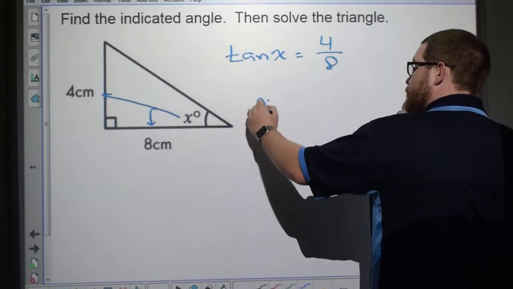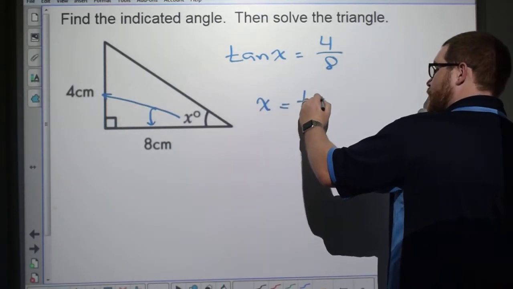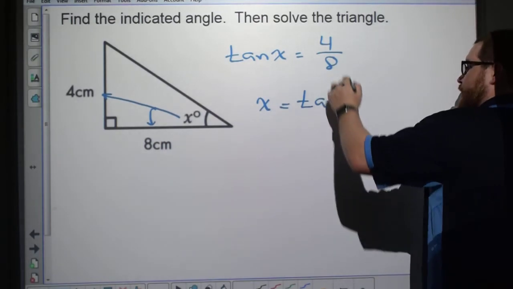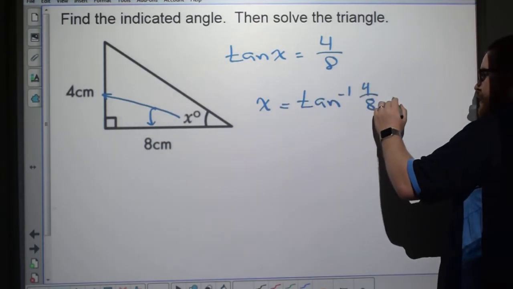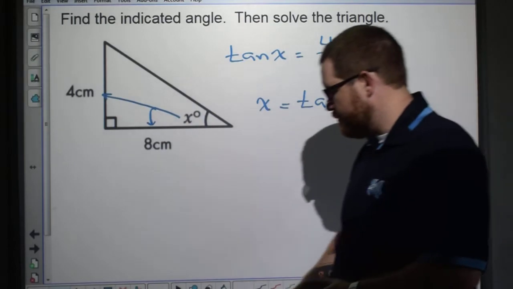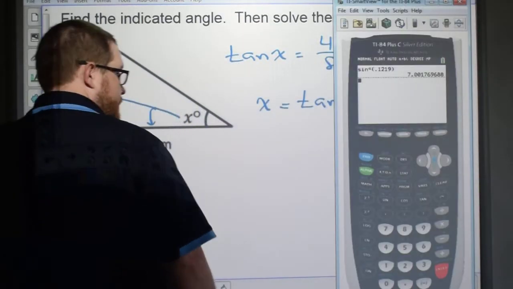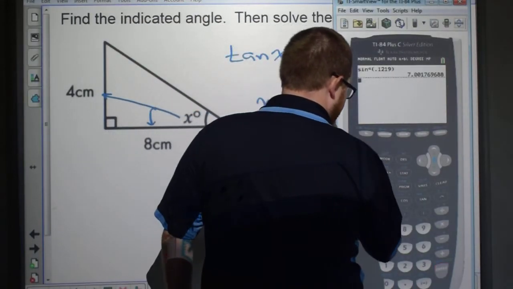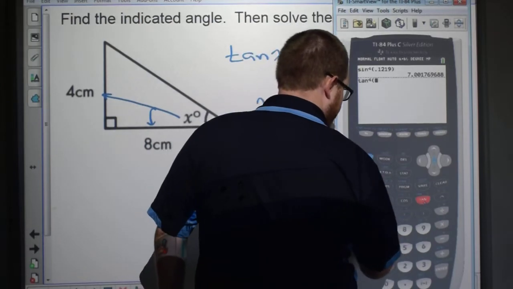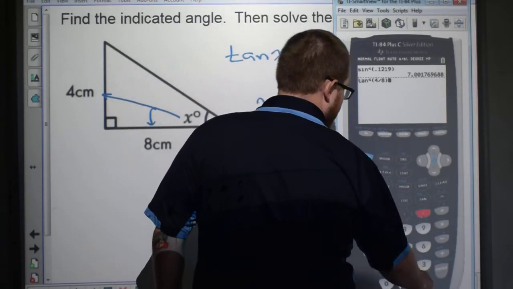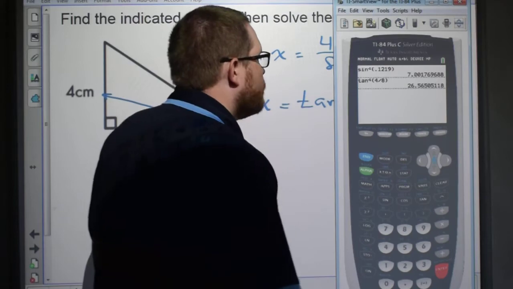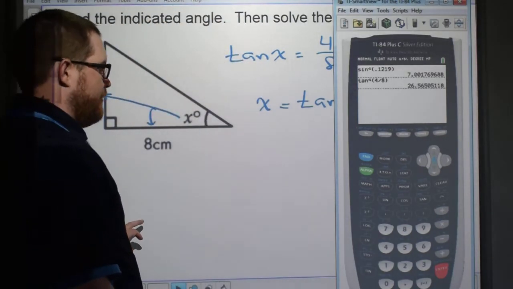The way you do that is you do arctan, or inverse tan, and then 4/8. I know that's 1/2, but that's okay. I can leave it like that. So let's use my calculator. Second tangent to 4/8, 26.565.